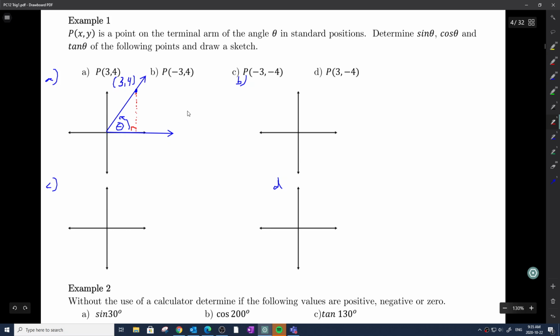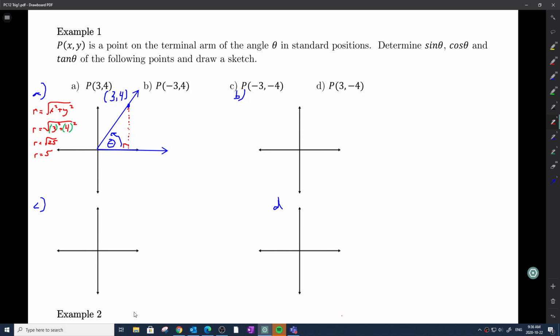I'll make a right angle out of it. You don't need to, but I do know that r is equal to the square root of x squared plus y squared. r is going to be the square root of 3 squared. Now I'm going to take my time here and write it down. r squared is equal to 3 squared plus 4 squared.